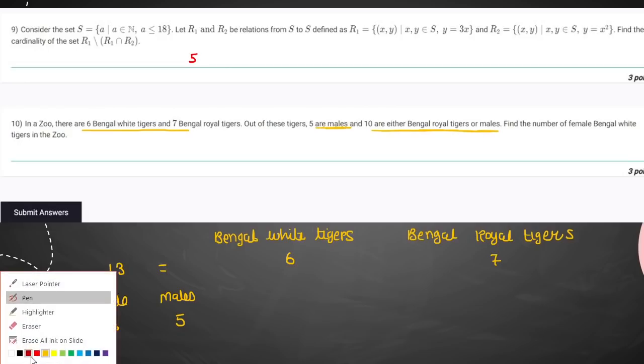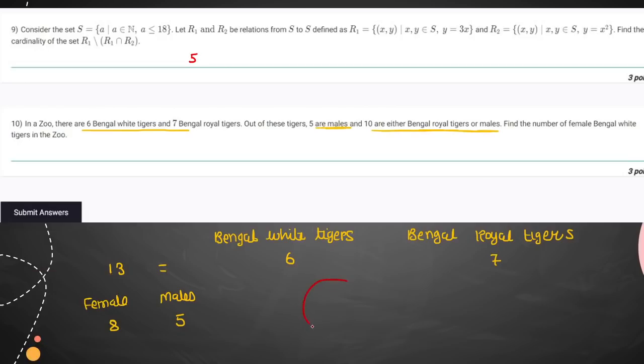This is males, and this is Royal Bengal tiger. So 10 are either Bengal royal tigers or males.